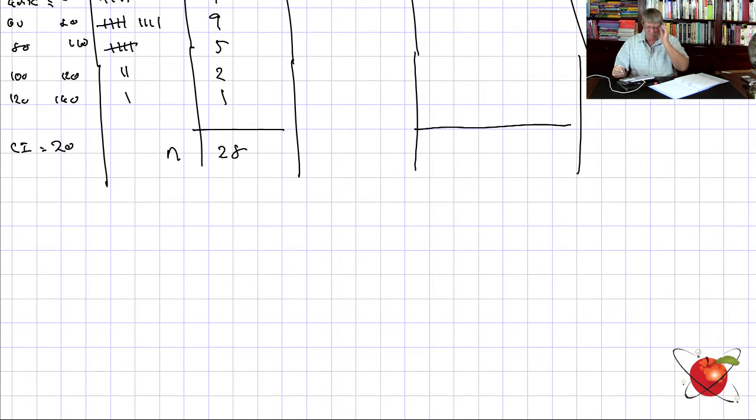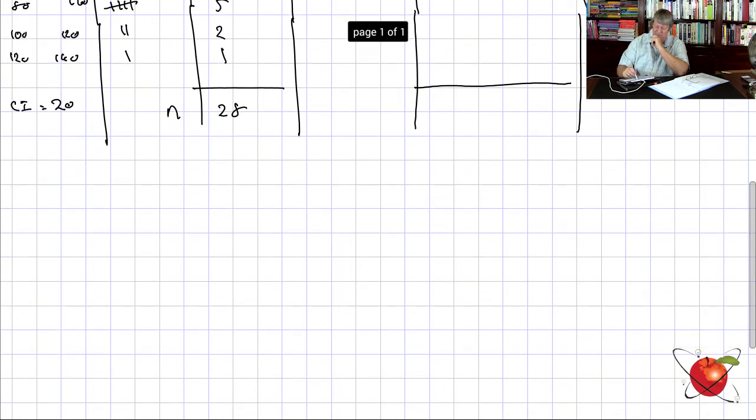Right, what is this midpoint business, right? Let's just think for a second here. We know that between 80 and 100, we got a tally of 5. So there were 5 readings, 5 people, 5 masses.